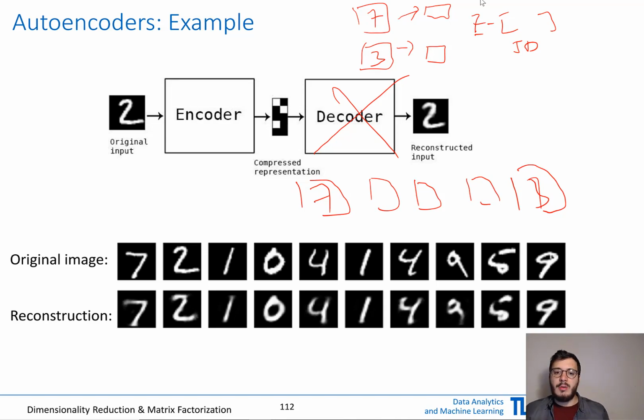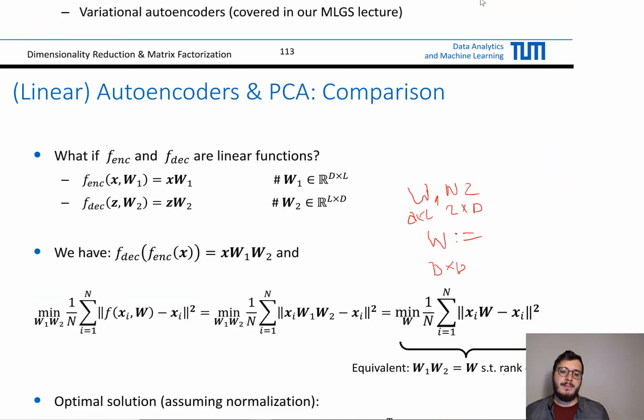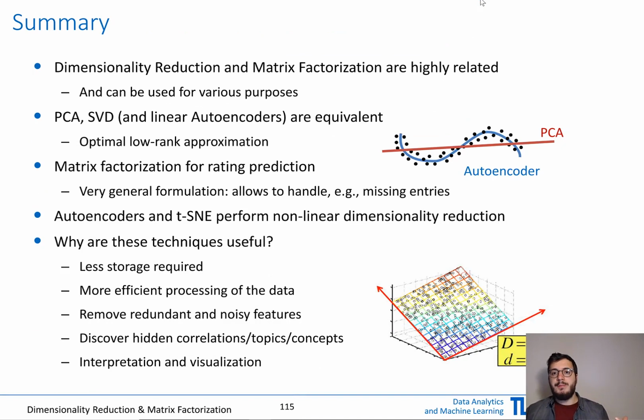So in this case, the autoencoders would be more beneficial. And in general, the nice thing about autoencoders is that you can adapt them to different kinds of data. So if the data is images, you can use CNNs. If the data is text, you can use RNNs. If the data is graphs, you can use GNNs, which are graph neural networks, and so on. So this would be the benefit of autoencoders.